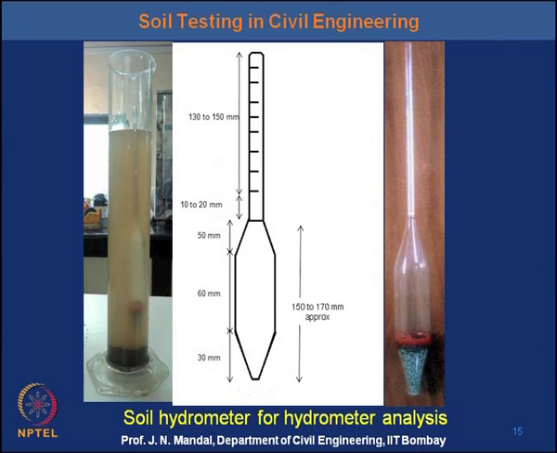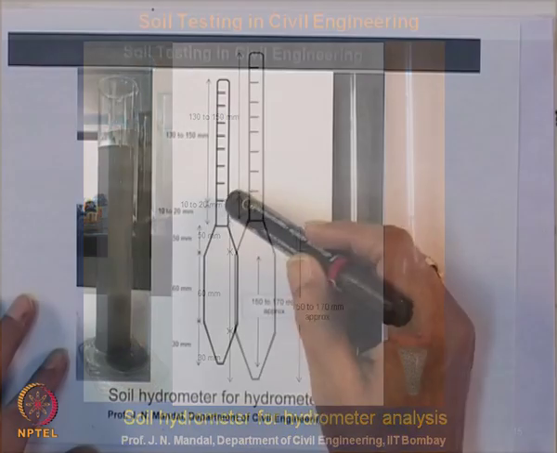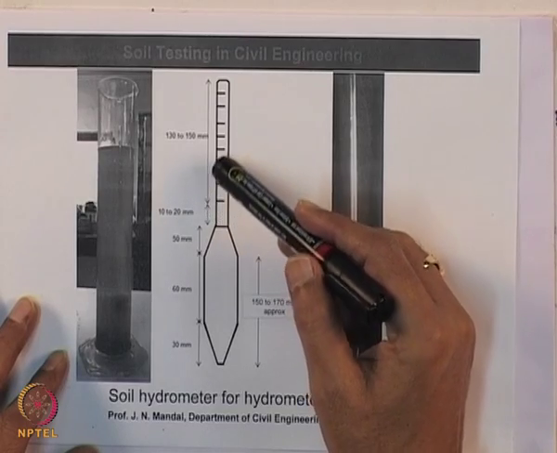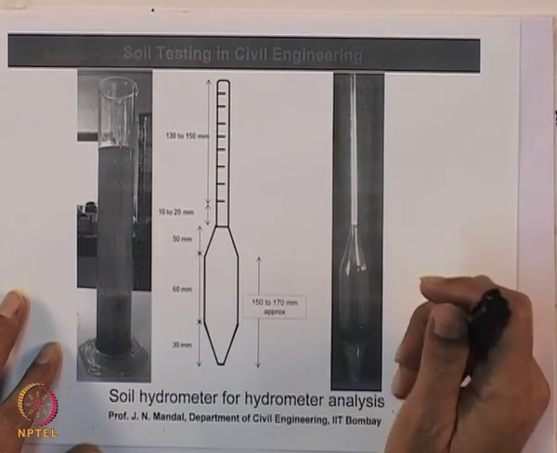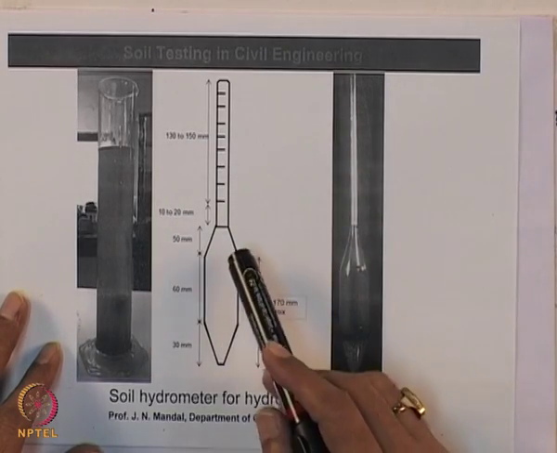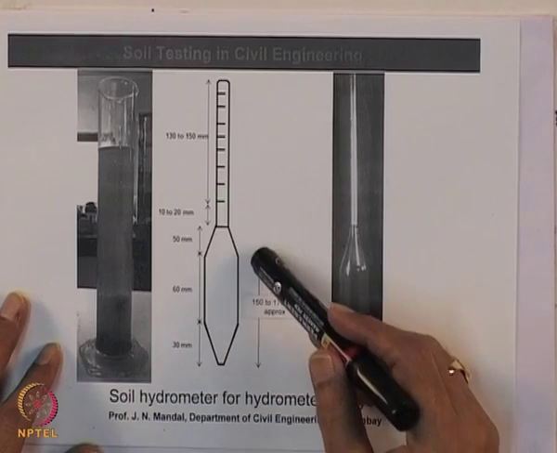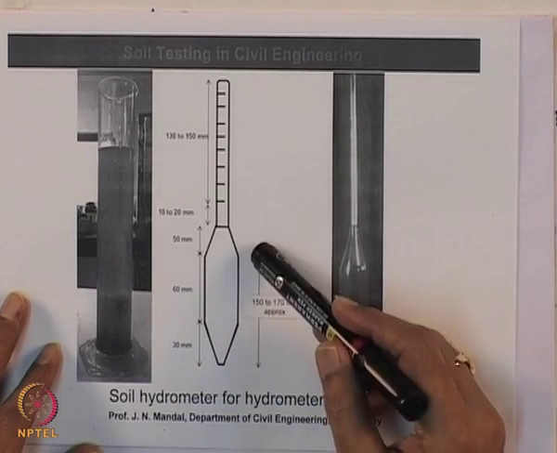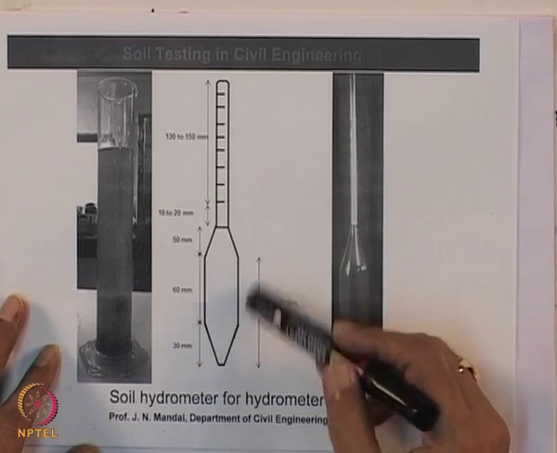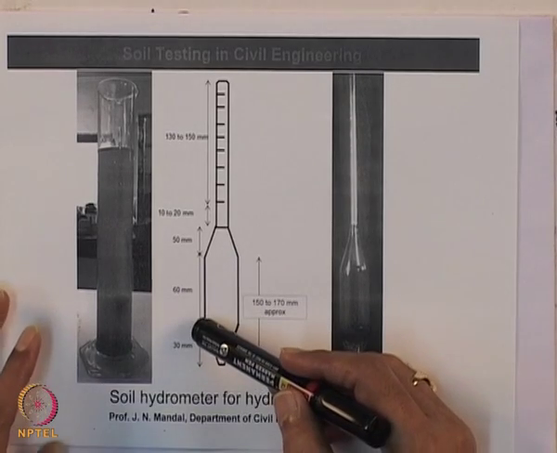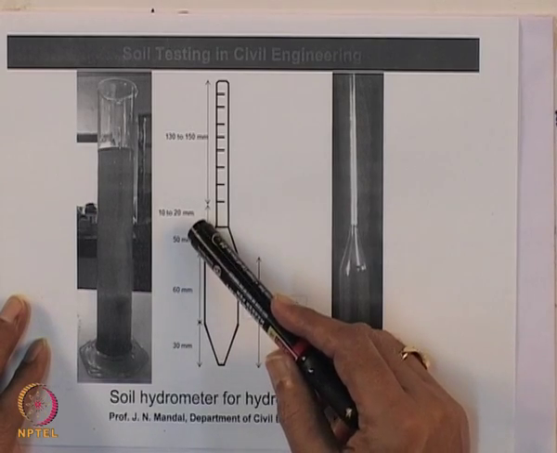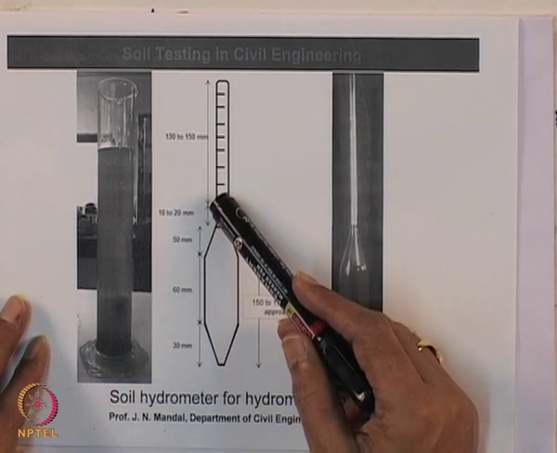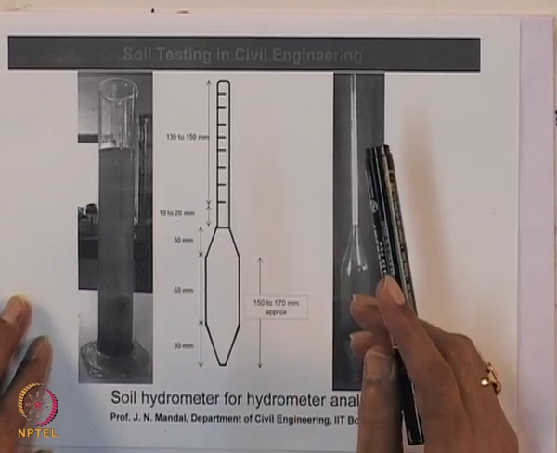The dimensions are about 130 to 150 millimeter, about 150 to 170 millimeter, and this is 30 millimeter, this is 60 millimeter, this is 50 millimeter, and from here to here about 10 to 20 millimeter.